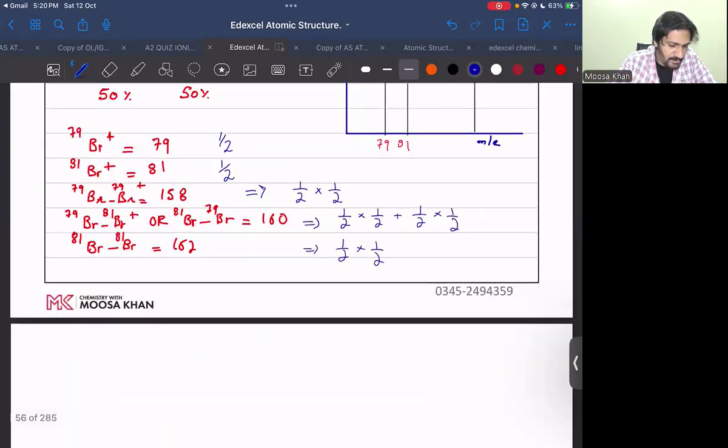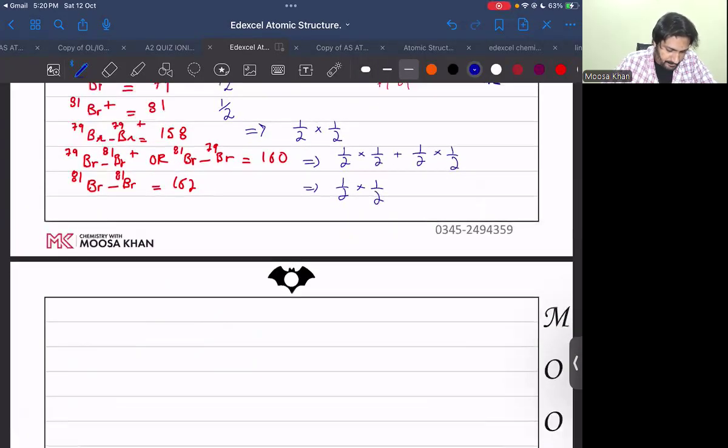Now, if we just solve it a little, for bromine with both the isotopes being 79, the ratio is 1/4.